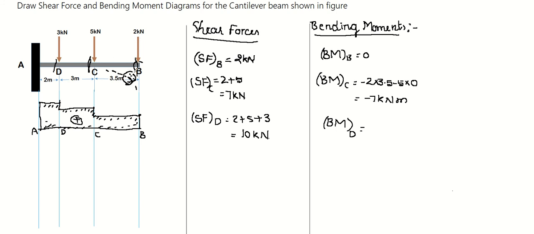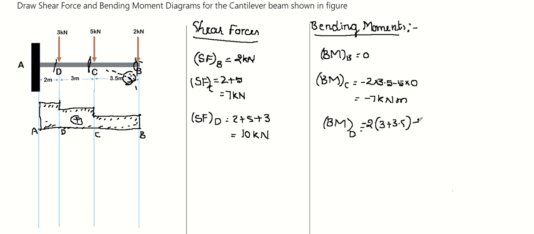So 2 multiplied by the distance up to D. That is 2 into 3 plus 3.5. That is again minus, and 5 into 3, distance up to D. So minus, again this is also causing a negative bending moment.